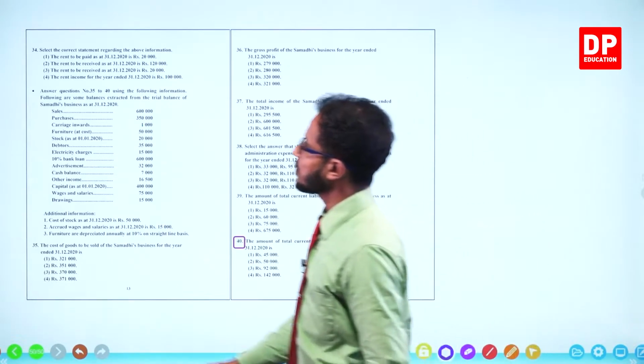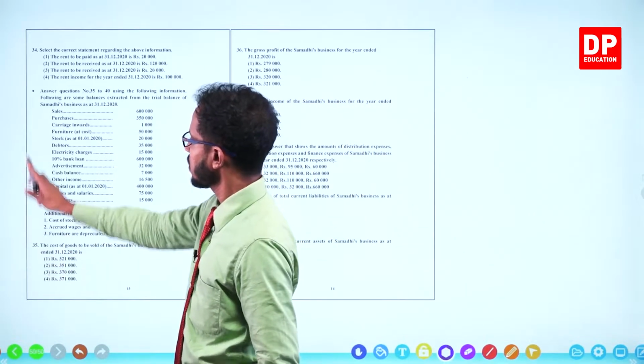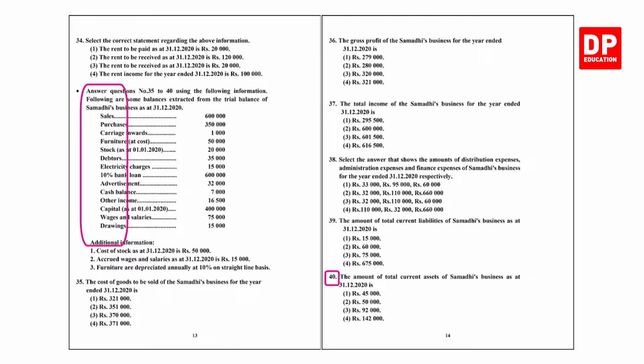And from question number 35 to 40, 6 questions are based on the trial balance given. These are known as the financial statement questions, right?